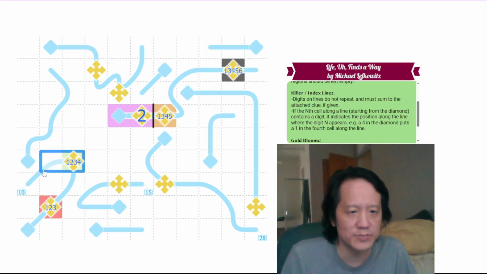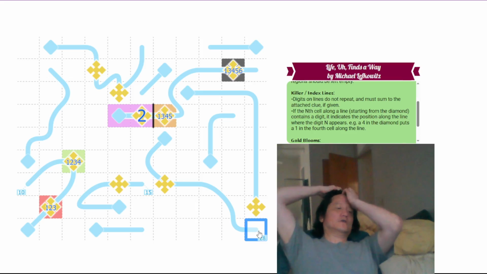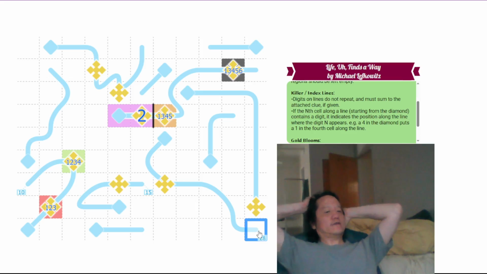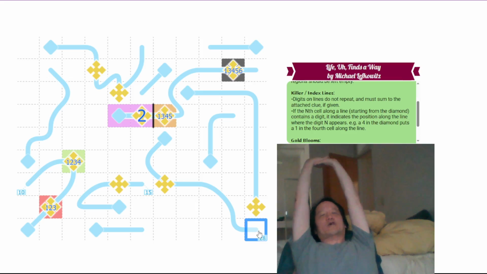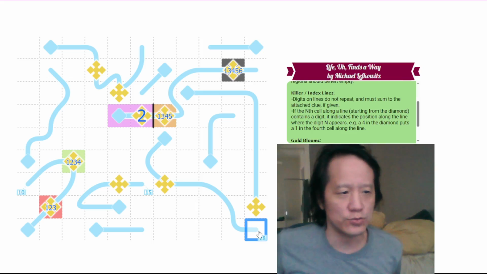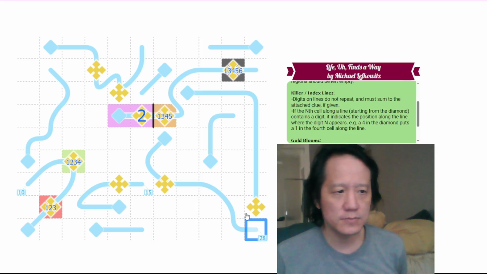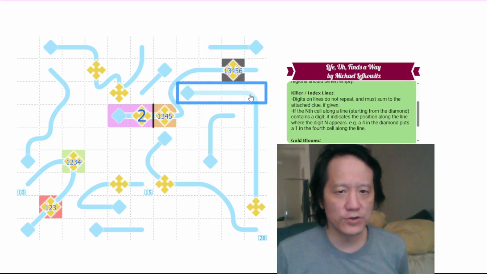So this adds up to 10. 1, 2, 3, 4, 5, 6, 7, 8. So out of the 36, we are missing... So 1 through 8 adds up to 36. 1, 2, 3, 4, 5, 6, 7, 8, 9.